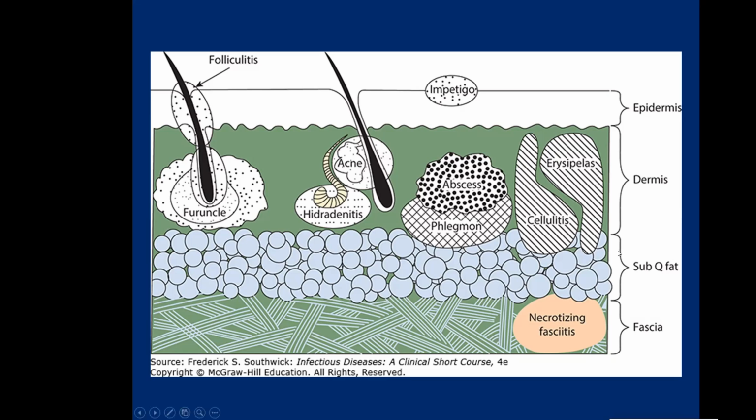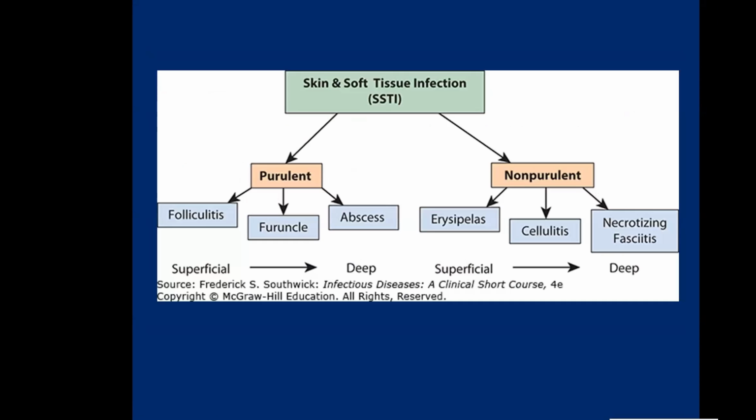So are you able to see my pointer? Yes, I think so. So as you can see here, cellulitis and erysipelas involve the dermis, and then necrotizing fasciitis extends beyond the subcutaneous fat to the fascia. Broadly, and we're going to come back to this, we classify them clinically in 2 types, purulent and non-purulent cellulitis.